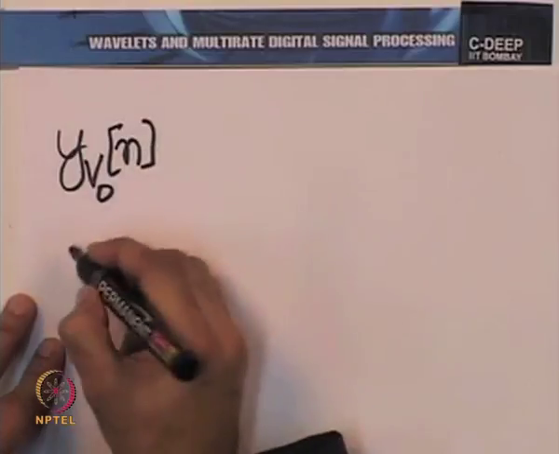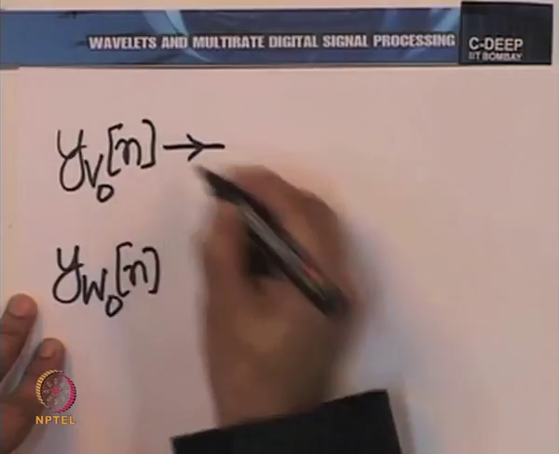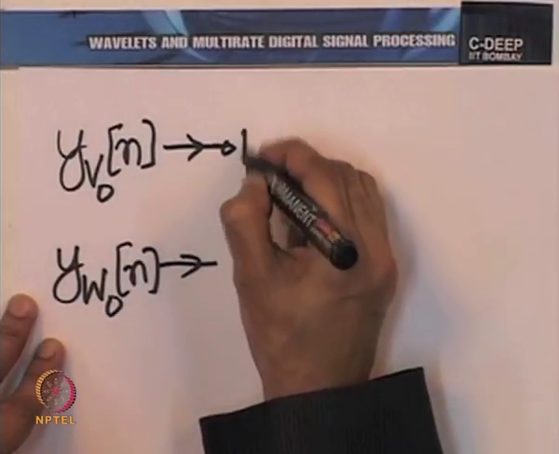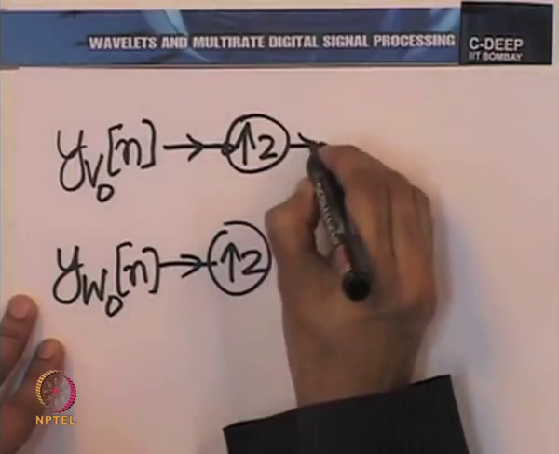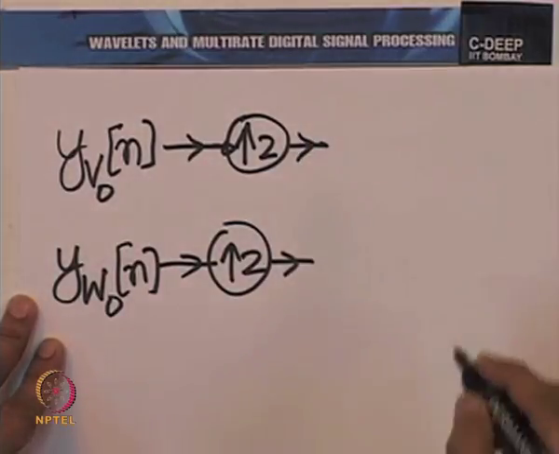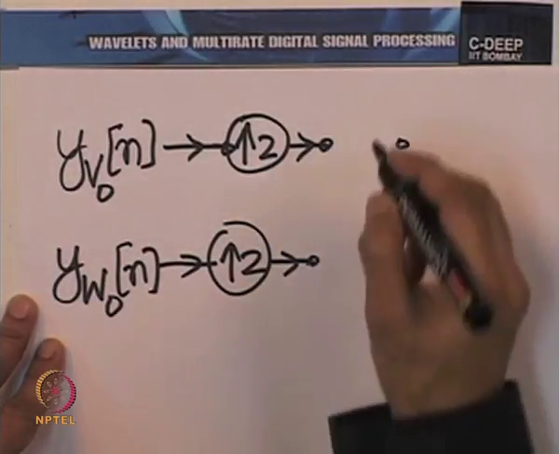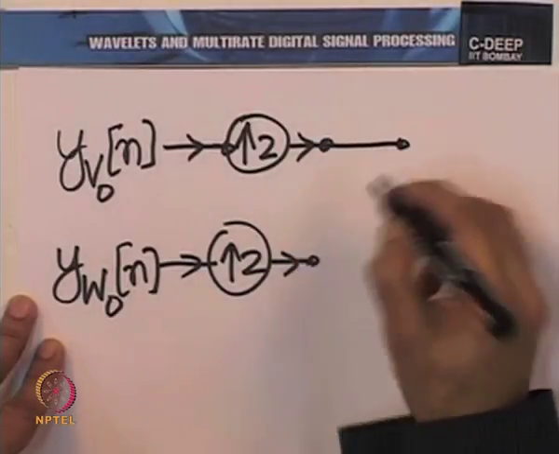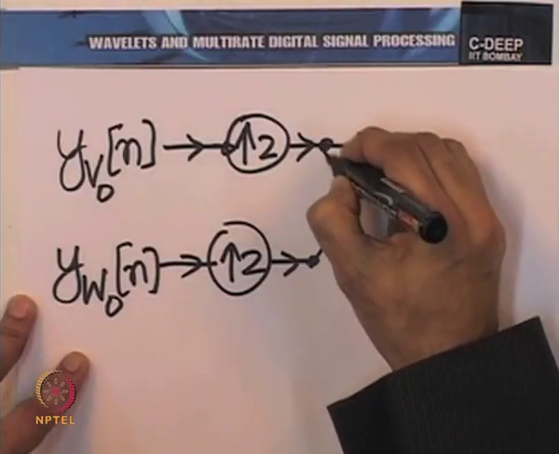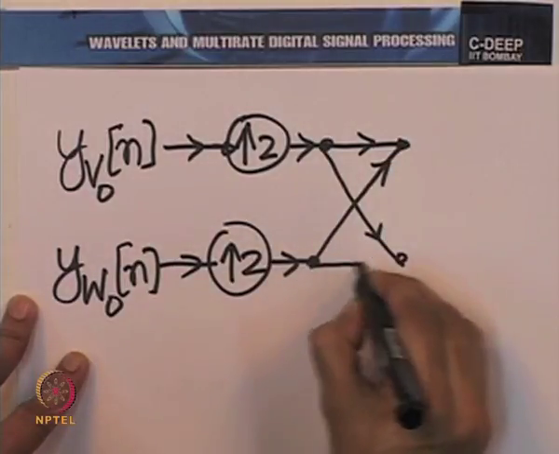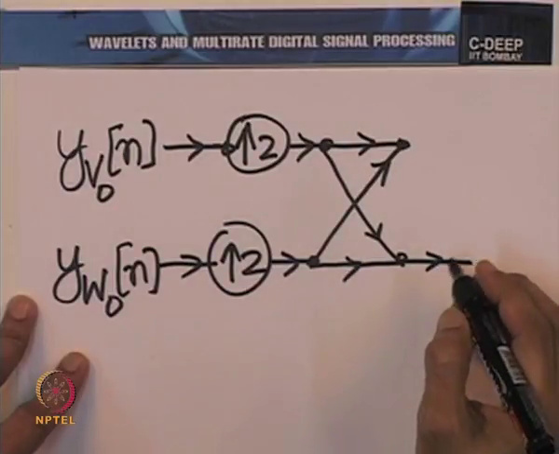y v 0 n, y w 0 n, upsample by 2, follow it with a sum difference operator, but remember there is a Z inverse there.